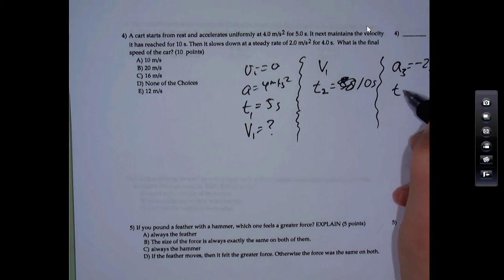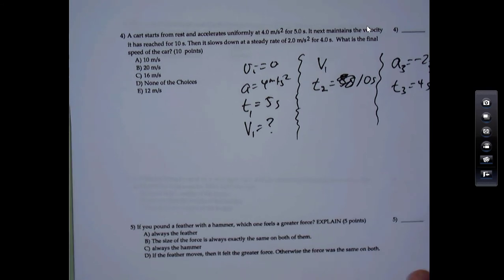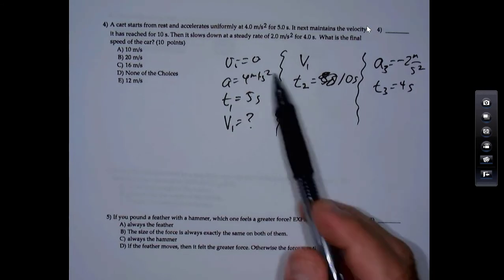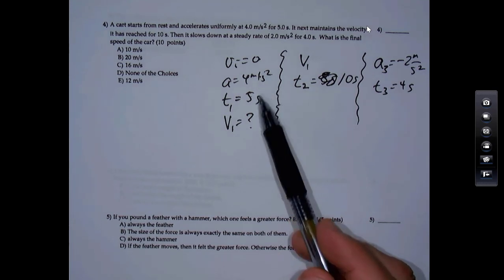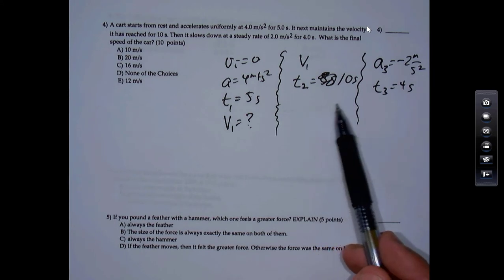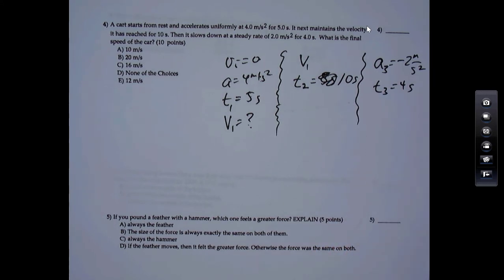And I'll call this one T3 for 4 seconds. What's the final speed of the cart? Okay, so this is a little trickier than the other kinematics problem that we did. You start from rest, accelerate for 5 seconds at this rate, getting up to V1. You keep that V1 for 10 seconds, and then you slow down at this rate for 4 seconds.